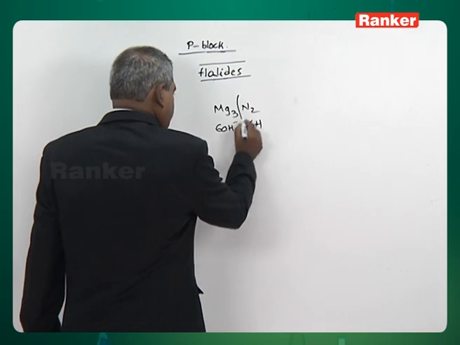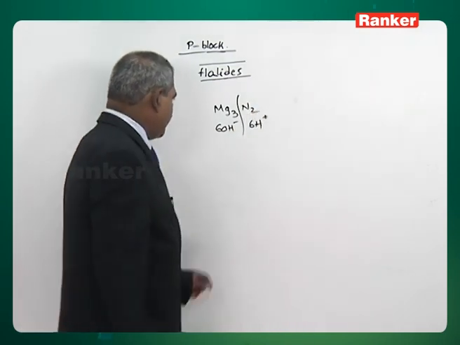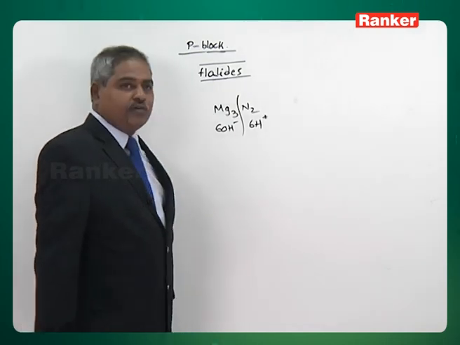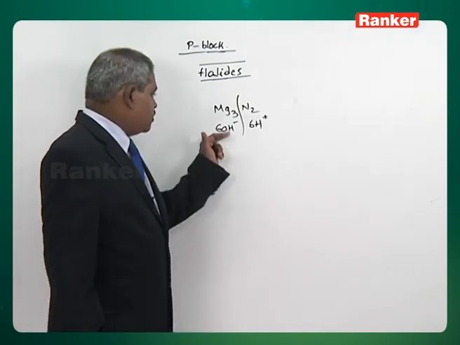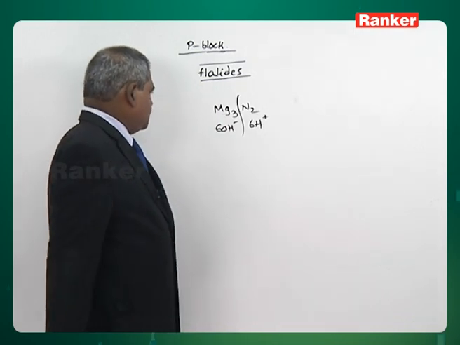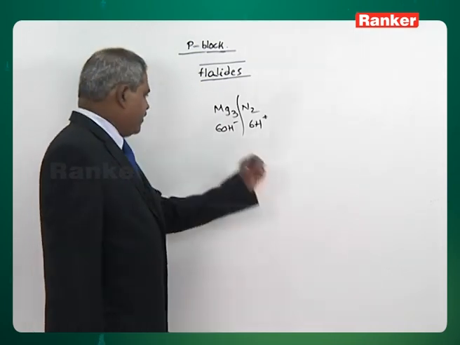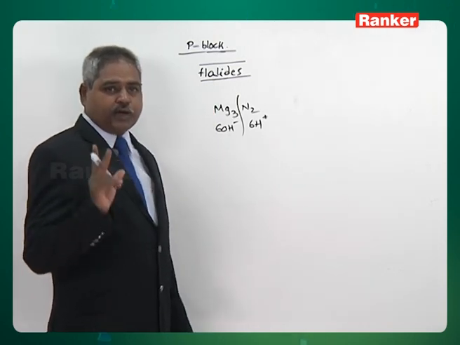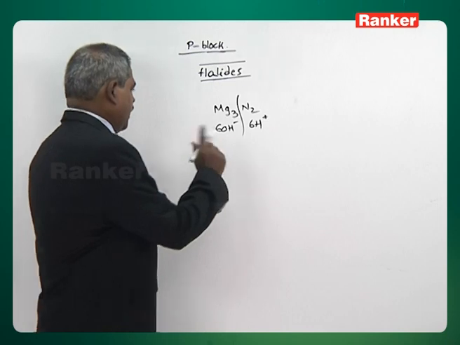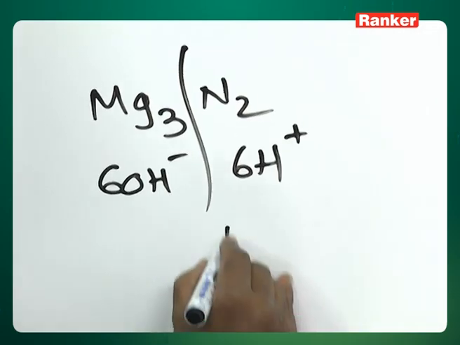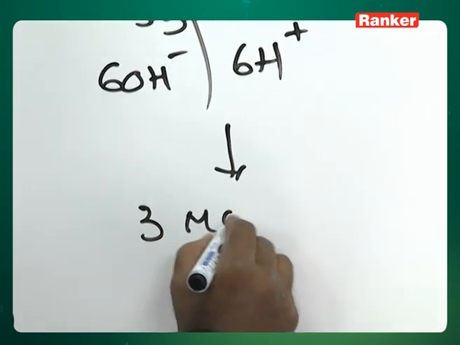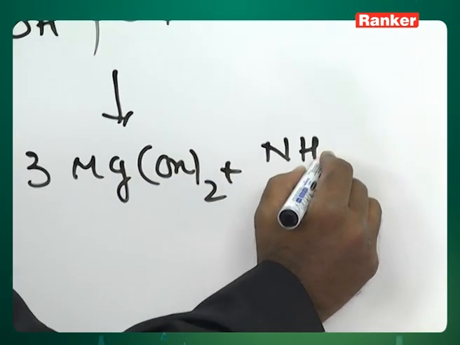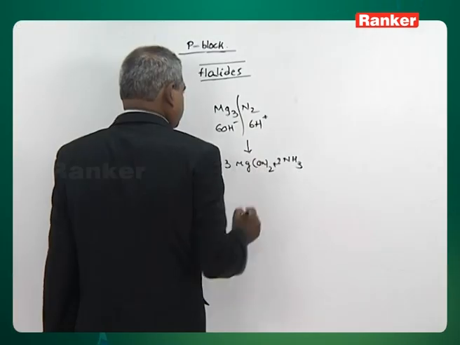Why am I opting for 6OH minus? Every time I am not writing this minus and plus, because it is not necessary. It goes without saying H is H plus and OH is OH minus. And now, magnesium nitride. Why have I taken 6? Magnesium, the valency is 2, belongs to the second group, electrovalency 2. So 3 into 2, 6. So strictly speaking, 3 Mg(OH)2 plus 2 NH3, two ammonias.